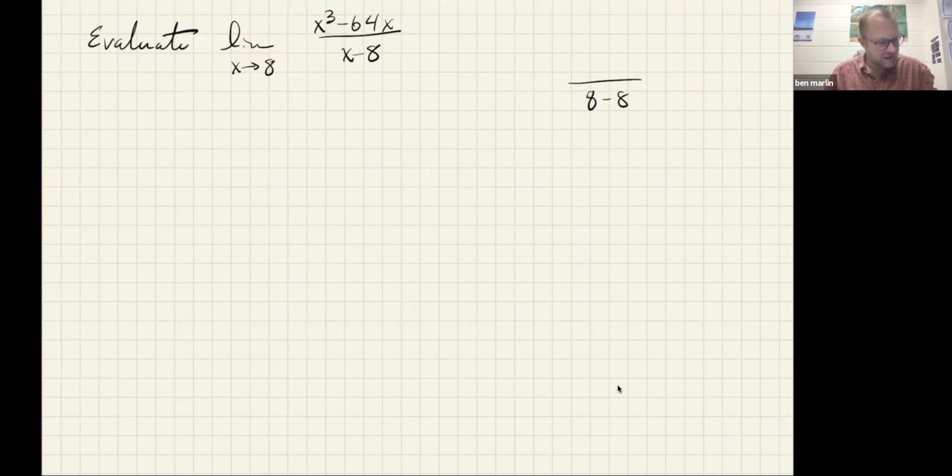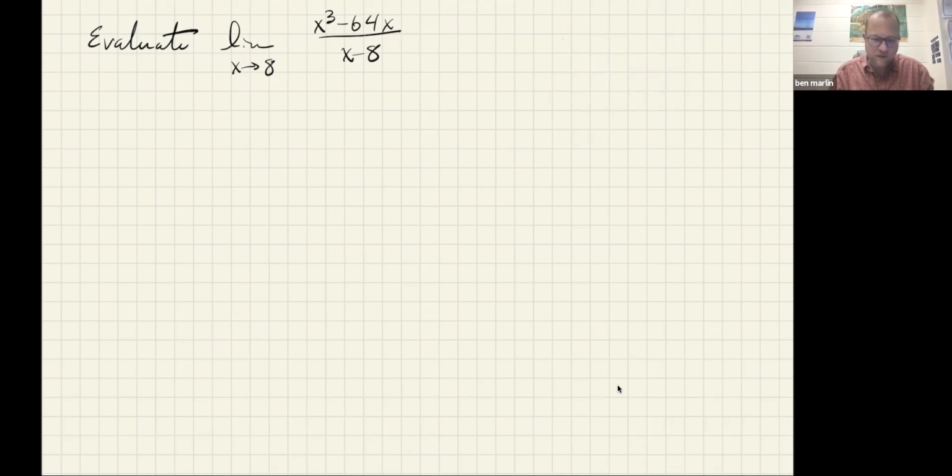That is because 8 to the third power, in case you can't tell, I'm pulling up a calculator out to the side, you get 512 minus, guess what 64 times 8 is? 512. So when we have a 0 over 0, then we have algebra to do, okay?